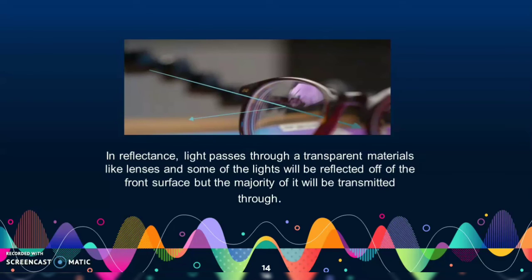The coating works by creating another transparent layer over the lenses, and instead of one reflection at the front surface, now there will be two reflected surfaces in the lenses.